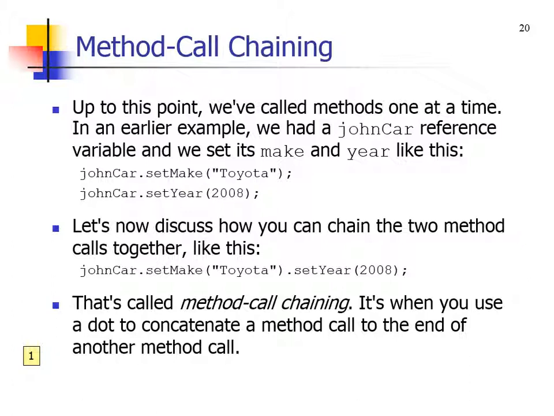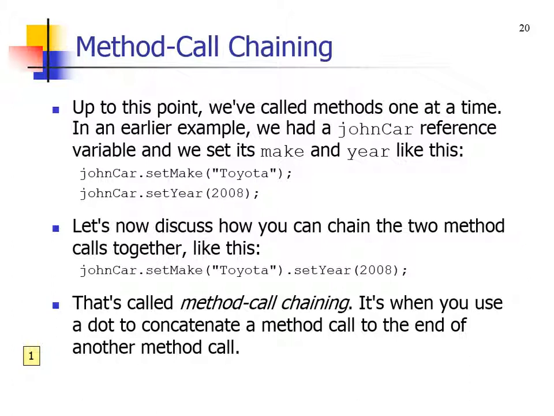So the students in this class would be student 1 dot student 2 dot student 3 dot student 4, right? John Carr is going to be dot set make, and I'm assigning Toyota to that. But then I can do dot set year, where I'm chaining and adding another method to it. It's still assigning it to John Carr. Y'all caught that, right? And that's all method call chaining is.